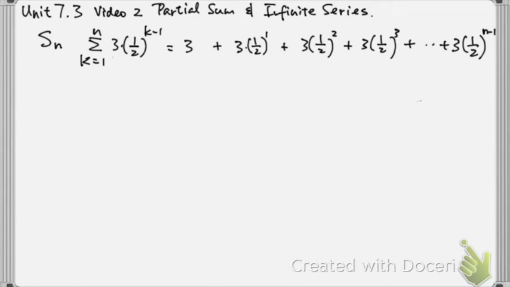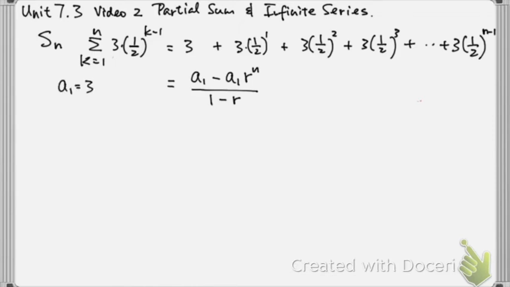Now we recall from the previous video that the sum of a geometric series is equal to a sub 1 minus a sub 1 r to the n, divided by 1 minus r. So let's identify what the different variables are. a sub 1 clearly is equal to 3.